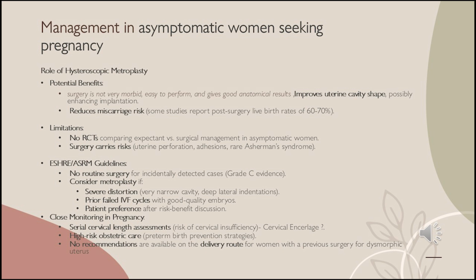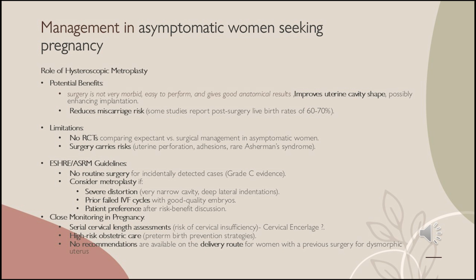The surgery is not very morbid, easy to perform, and gives good anatomical results as well. When you incidentally take this woman for hysteroscopy or a diagnostic hysteroscopy for some other reason, probably for evaluation of infertility and then for a polypectomy or any other cause, then correcting this will reduce the miscarriage rate and achieve a live birth rate of about 60 to 70%.